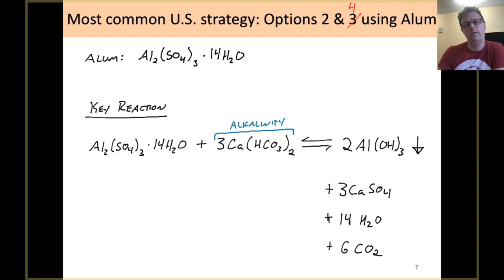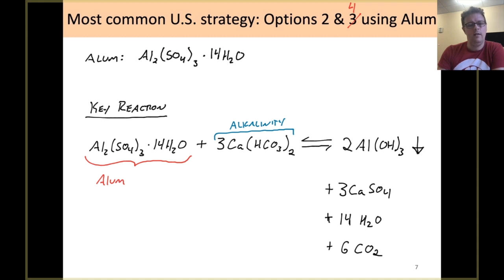So we do need water that has some of these bicarbonates floating around in it. And what we're going to get out of that on the right-hand side of the equation is 2 of these aluminum trihydroxide particles, Al(OH)3, and I've drawn a down arrow there to indicate those are the thing that will settle, and then a host of other species that'll end up in the water column.